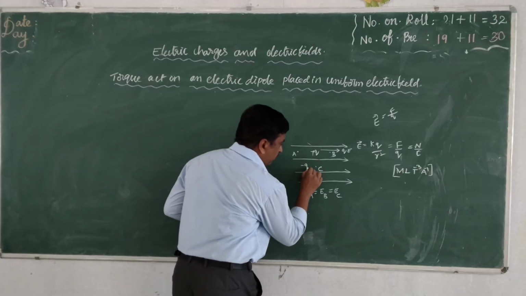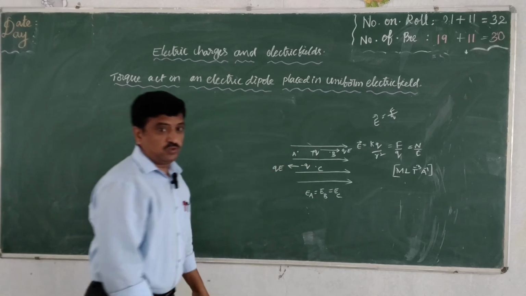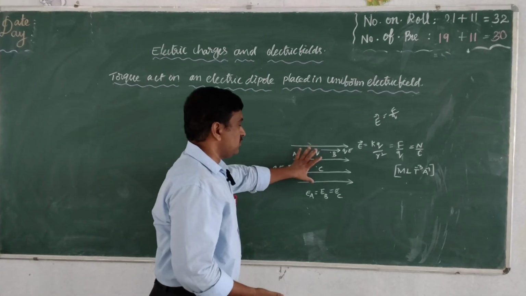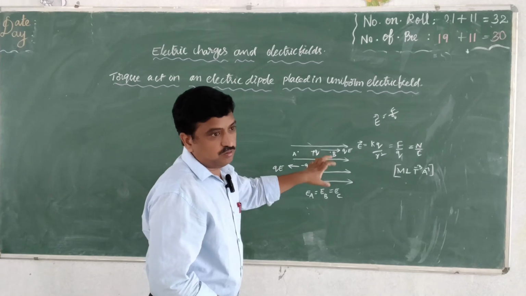For a negative charge, the force is opposite to the electric field. That is qE, the force exerted on the charged particle when it is placed in the electric field.